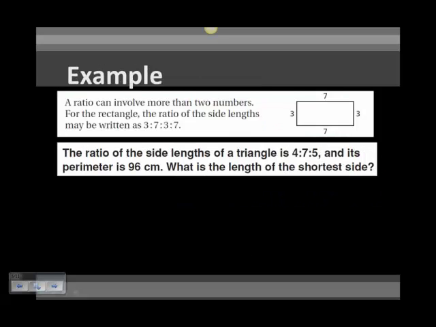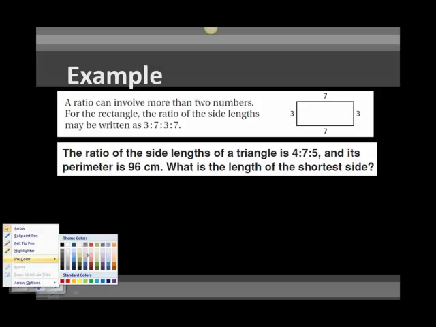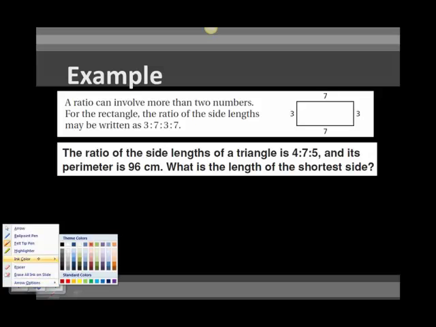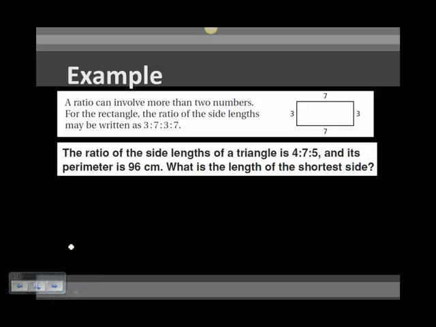Now, a ratio can involve more than just 2 numbers. For this rectangle that we have here, the ratio between the side lengths would be 3 to 7 to 3 to 7. So that's one way we can compare several numbers. If we were going to write an equation based on these ratios, we could do that by multiplying by a number.